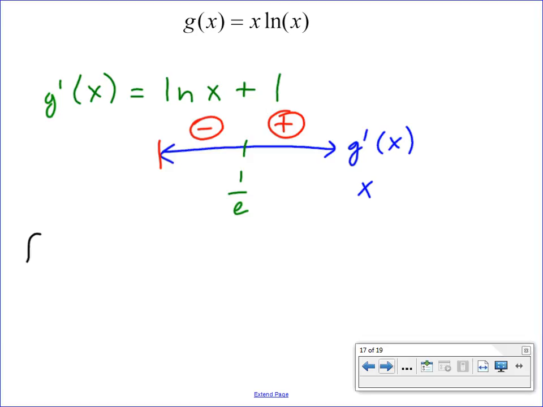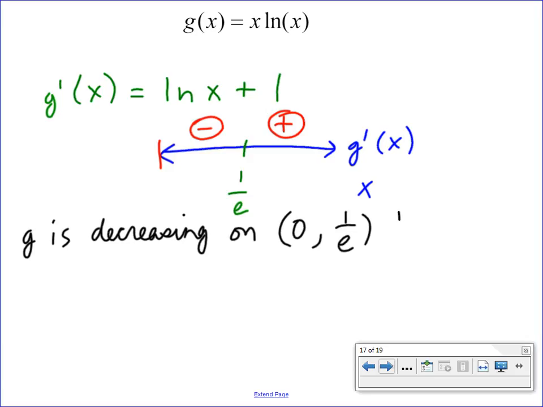Awesome. So first I'll say g is decreasing on strictly 0 to 1 over e because g prime is negative. You see we're getting into Mr. Fritz's shorthand notation in the interest of time.